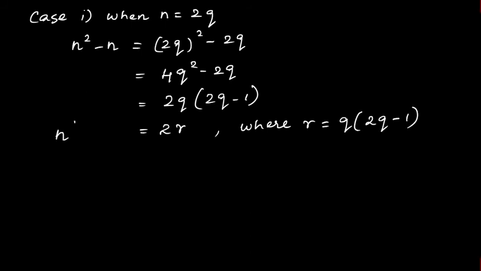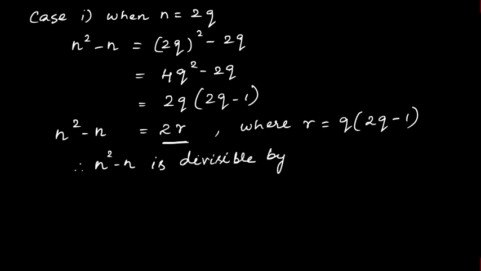So you got n square minus n value to be 2r. From this you can say that n square minus n is divisible by 2, because you got a value which is a multiple of 2. So if it is a multiple of 2, it's obvious that the term will be divisible by 2. So therefore n square minus n is divisible by 2.